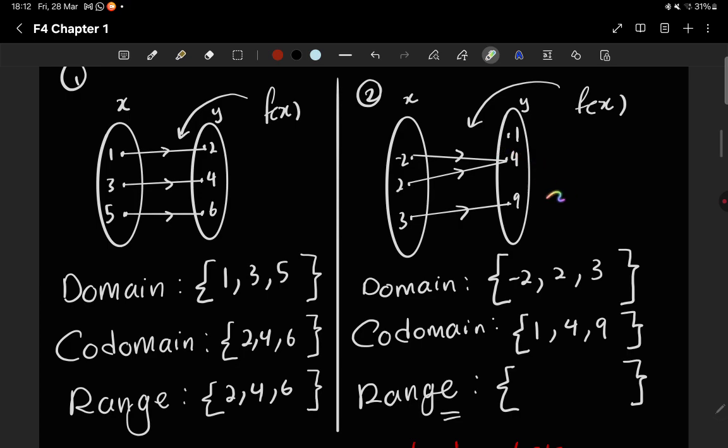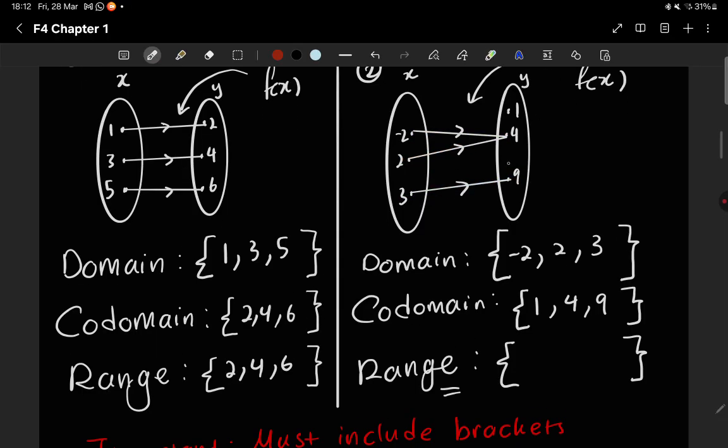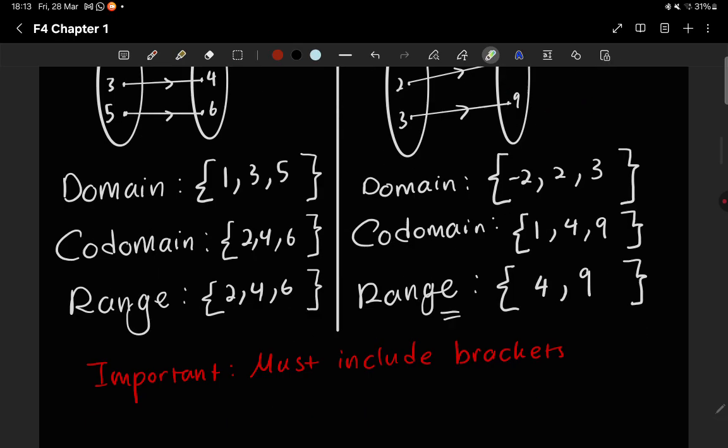Range is whatever's in the second set but is connected to the domain. So if you have a look again, the only elements in the second set that are connected are 4 and 9. So our range will only be 4 and 9 and not 1. There is no 1 in here because the 1 over here is not connected. It is a part of the codomain, but it is not in the range.